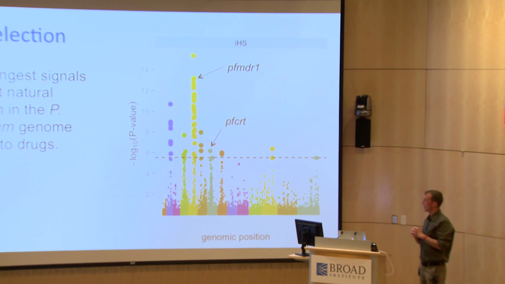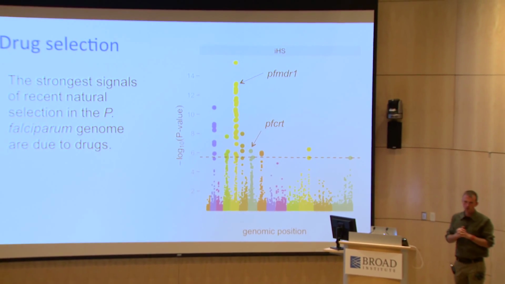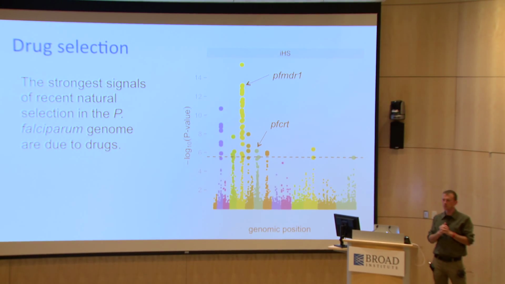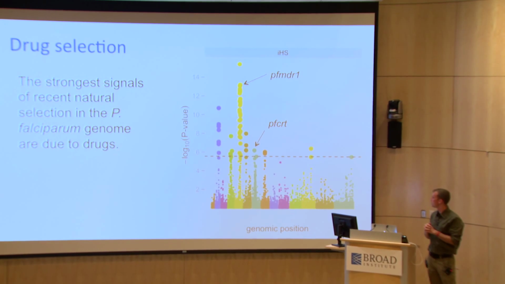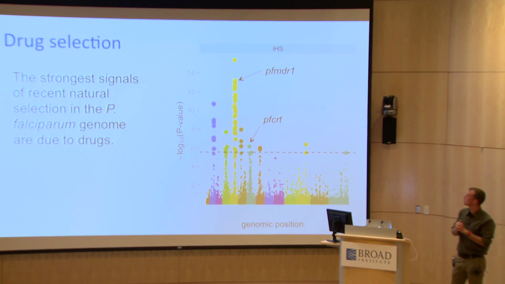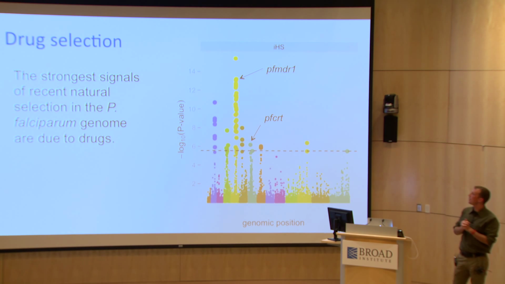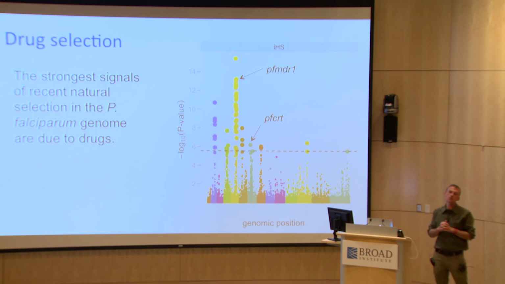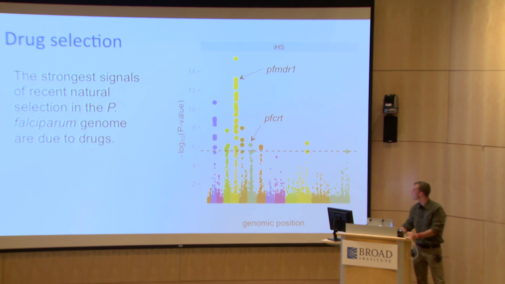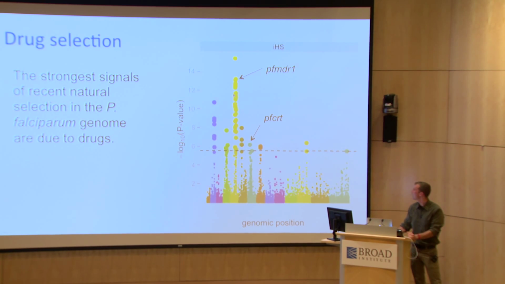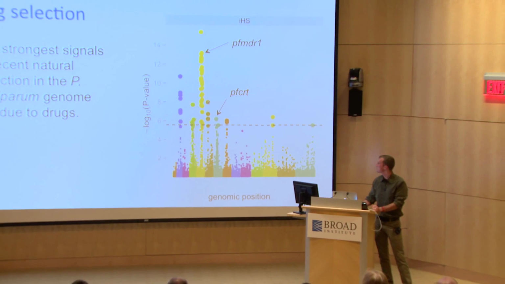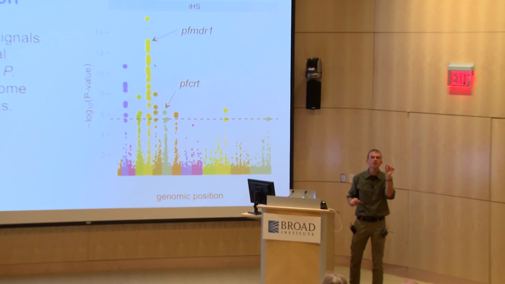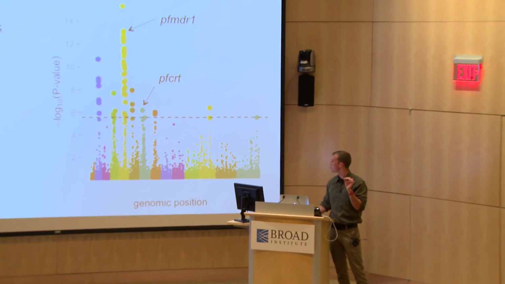And this is work done with Diane Wirth and Pardis Sabeti and Dan Hartl and other members of the Broad Harvard Malaria Research Consortium. This is a profile of the strongest signals of natural selection in the falciparum malaria genome. And the higher these little piles of balls go on the y-axis here, that means the stronger the evidence that there was recent natural selection in that neighborhood of the genome.